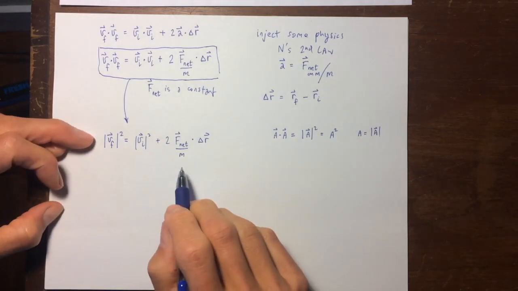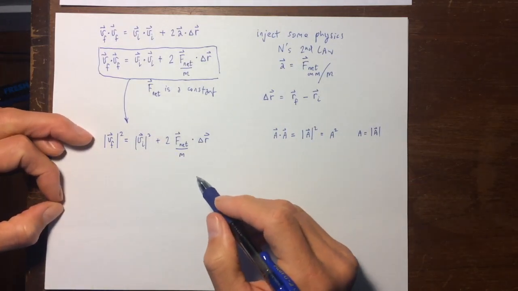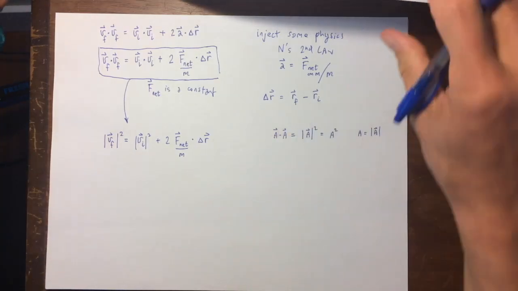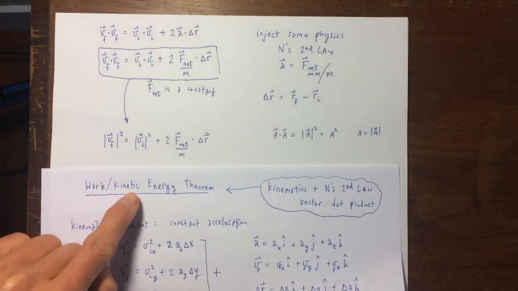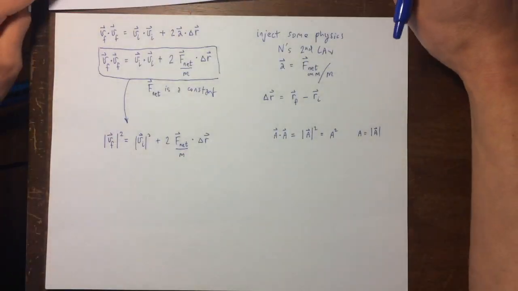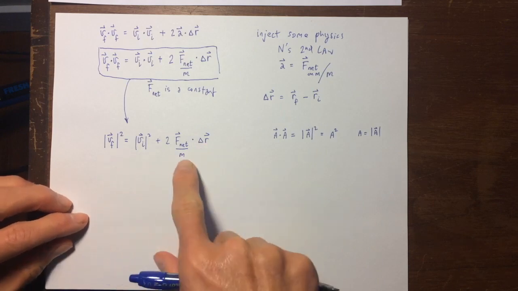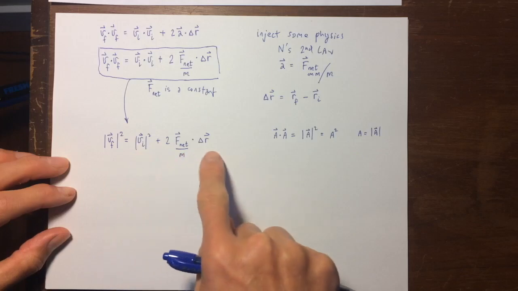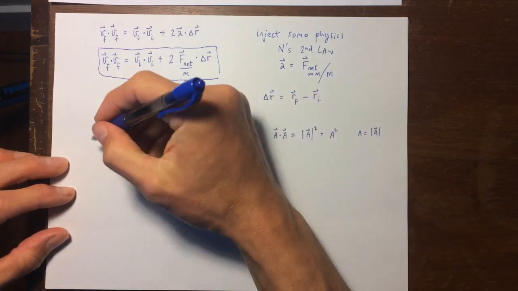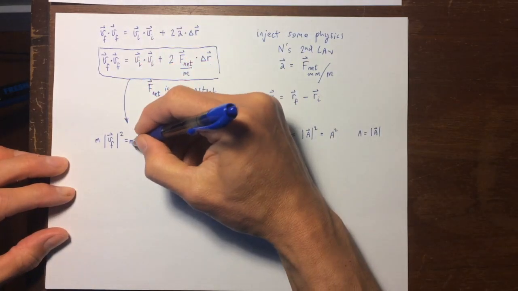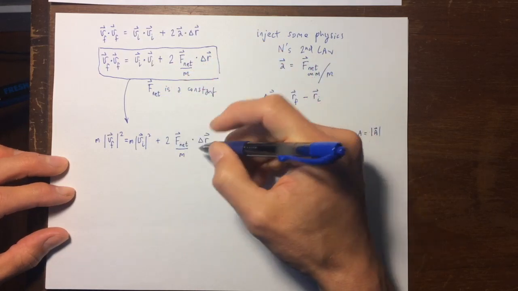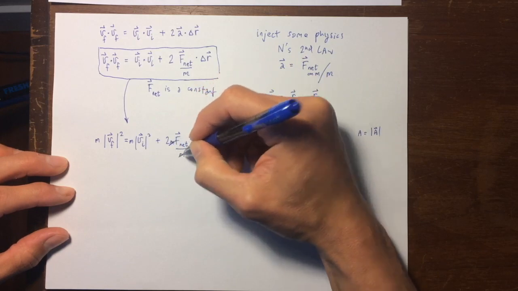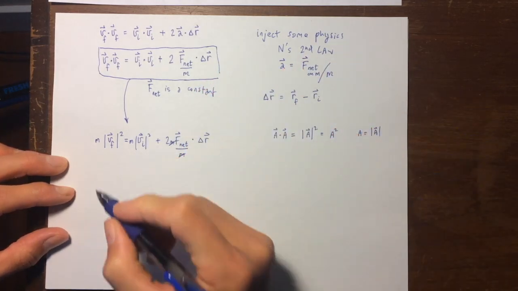Now, because I'm inspired, and maybe because I peeked at your Kinetic Energy Theorem chapter, we are studying work and kinetic energy. I'm going to take this little m. I'm free to do any math I want, so I'm going to multiply both sides of the equal sign by m. If I multiply m here, they cancel, and then I'm going to divide both sides by 2.